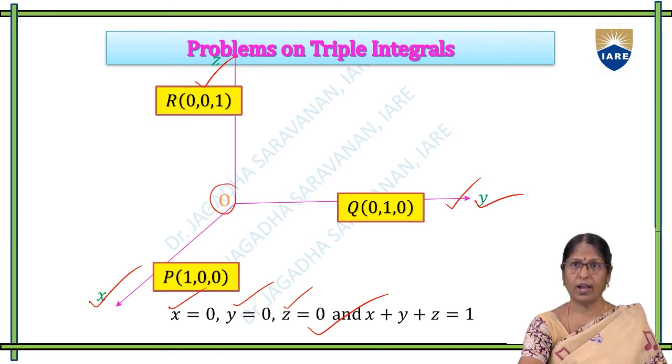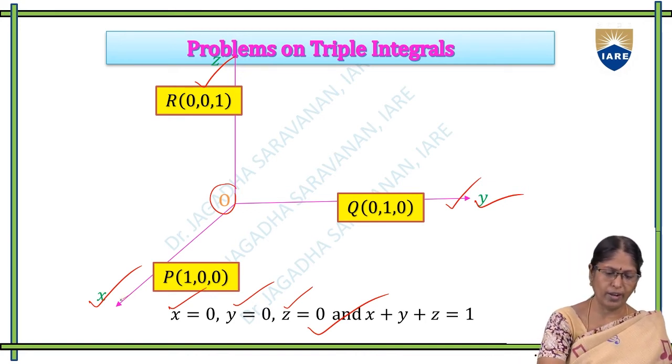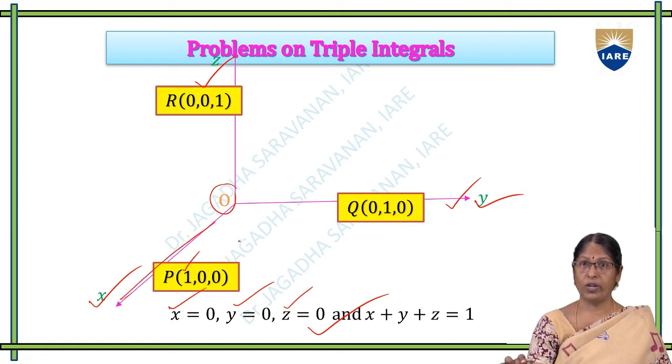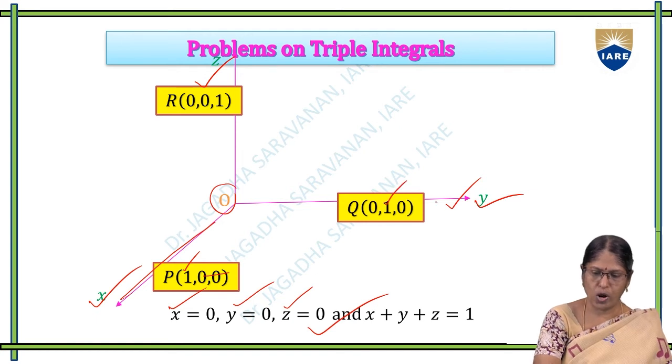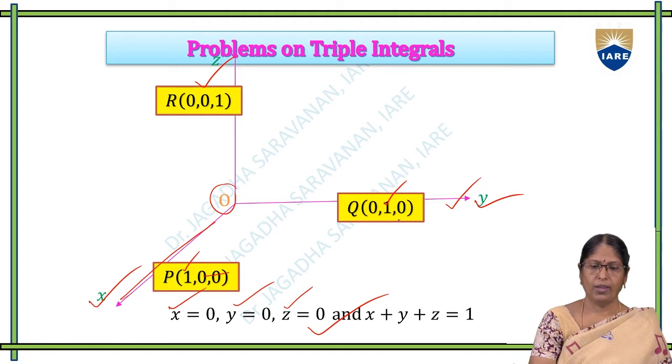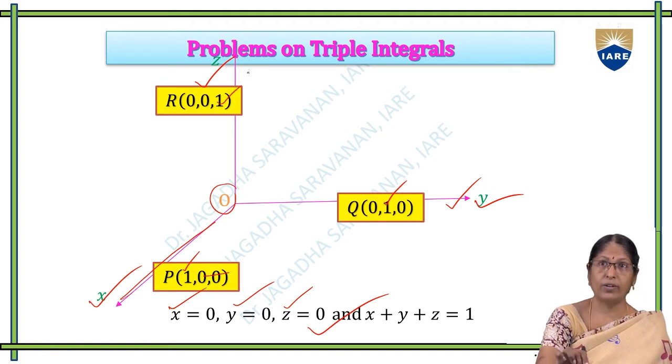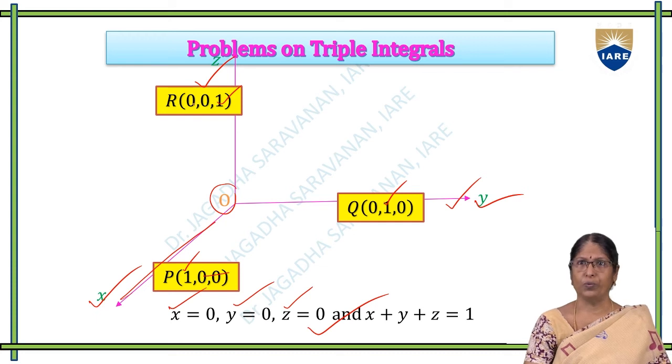The coordinates are: the point P at 1, and the others are zeros, that is y and z. Here also, a point on the y-axis, x and z are 0. Here there is a point on the z-axis, x and y are 0.